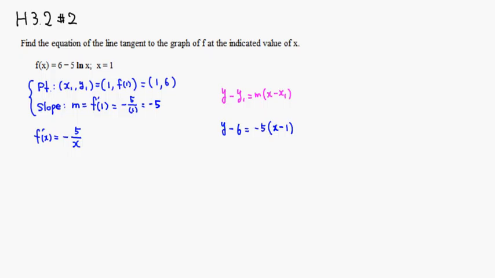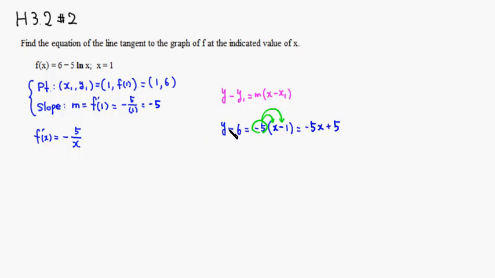If you want, you can distribute negative 5 to each term to get negative 5x. Negative 5 times negative 1 is positive 5.